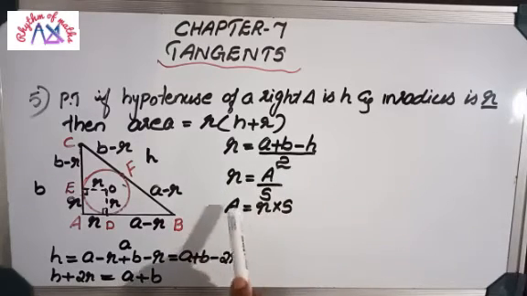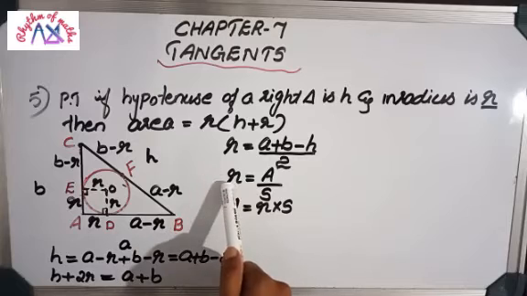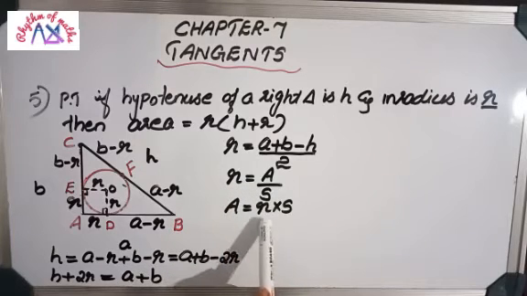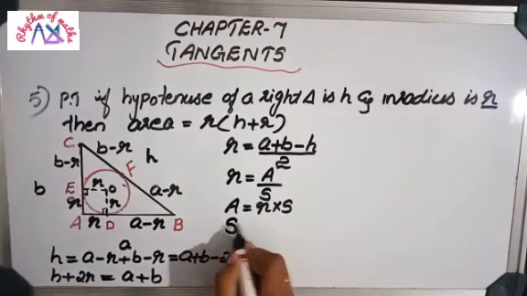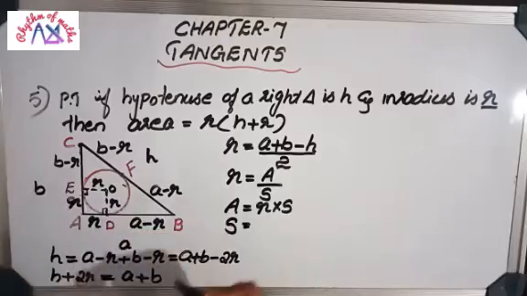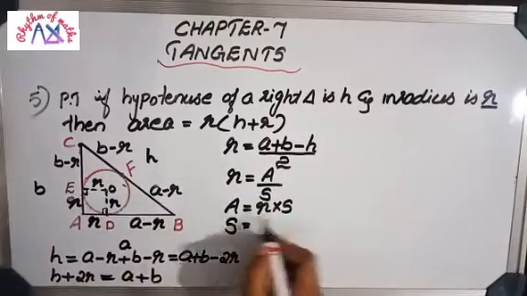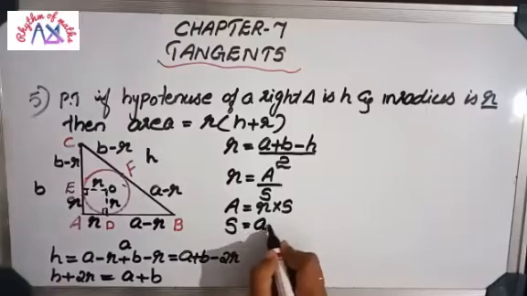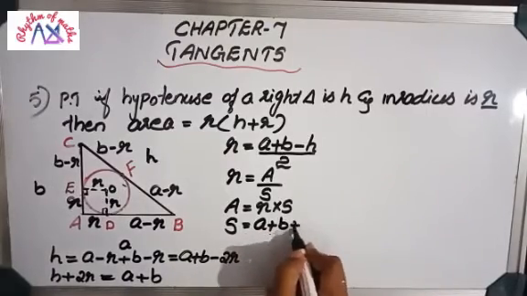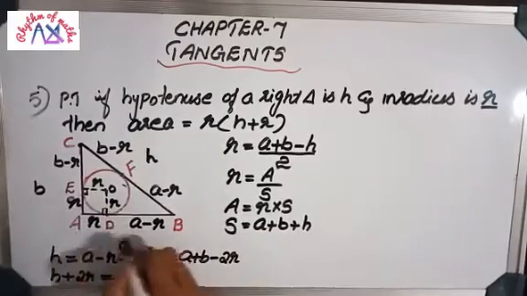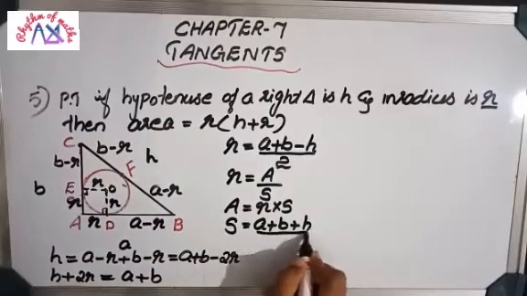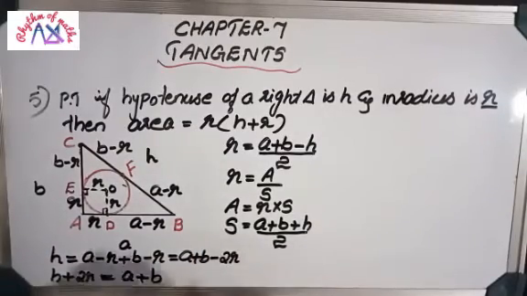Therefore area equals inradius into semi perimeter, R into S. What does semi perimeter S mean? Sum of all the three sides divided by 2. So perimeter means A plus B plus H, perpendicular sides A, B, then H, whole divided by 2. Up to this we got.